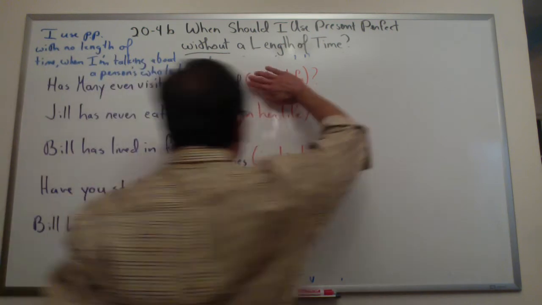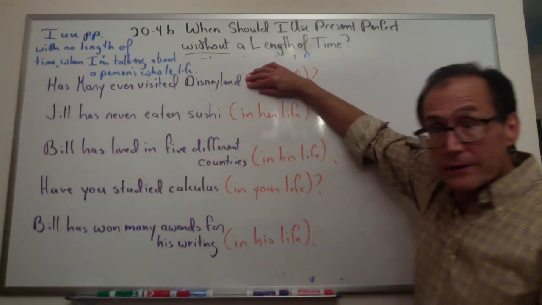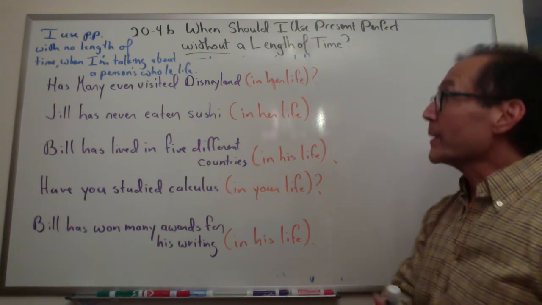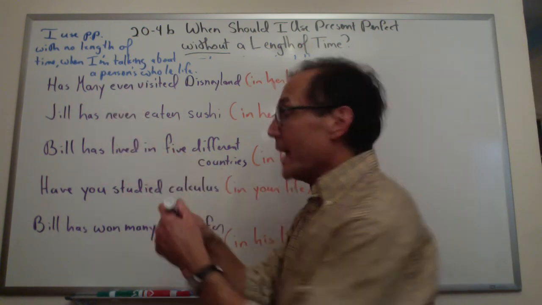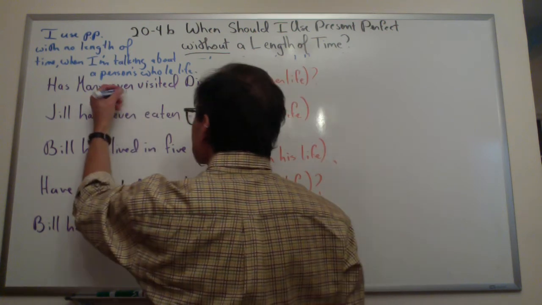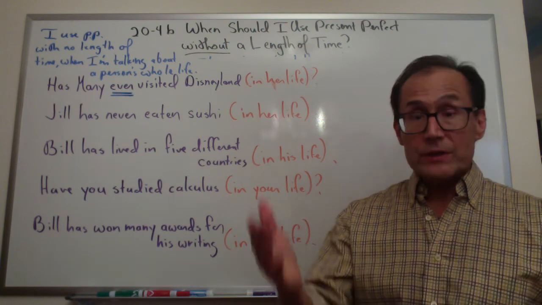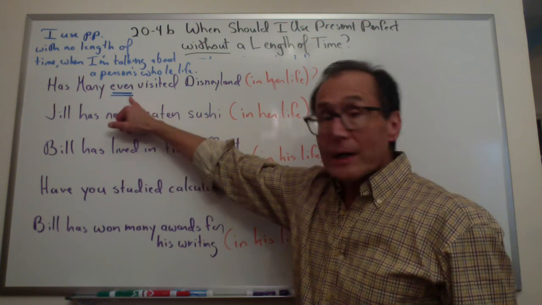I don't have to say the words in her life. You can. It makes it a little bit clearer. You could also use the word ever. Ever also makes it clear that I'm talking about someone's whole life. If it's a question, I can use ever.